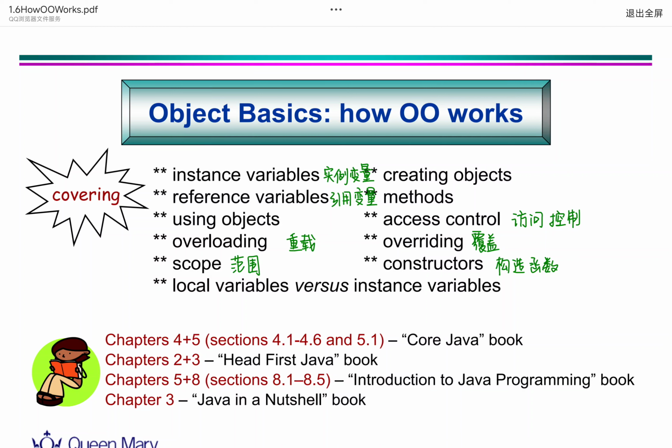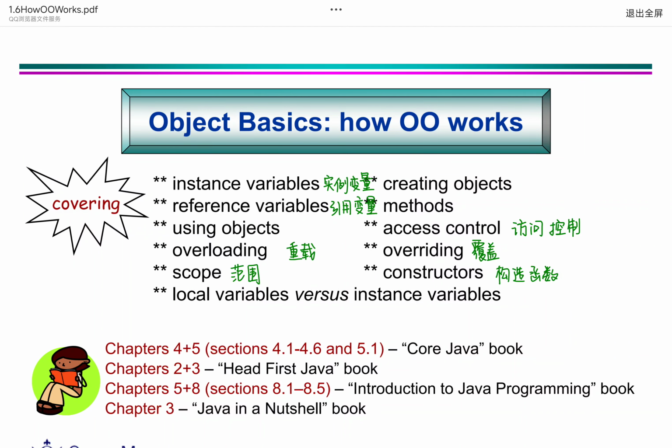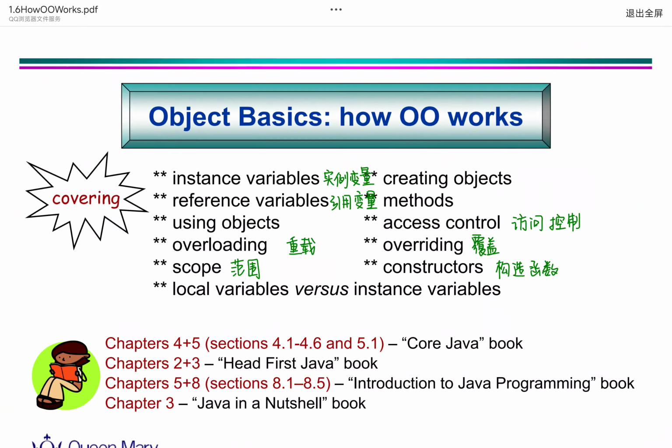Using objects, overloading means that with one function name, because of different input types, the account of input, the number of inputs, and so on, we enable the same-name function to have different results.